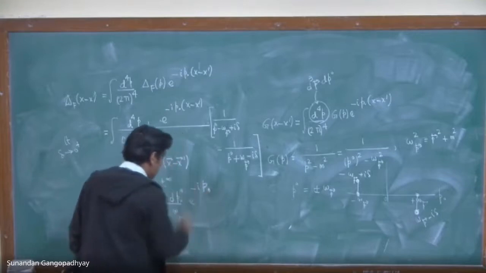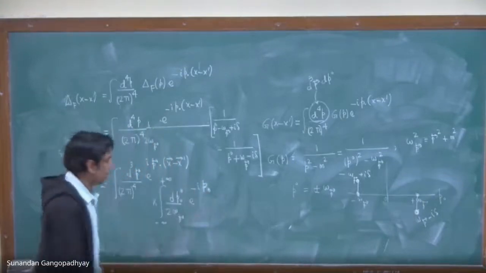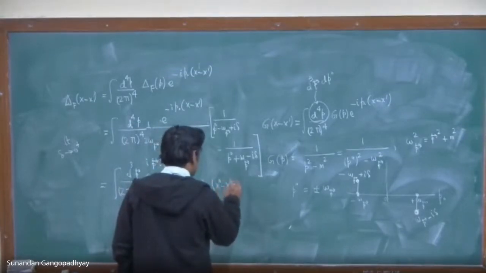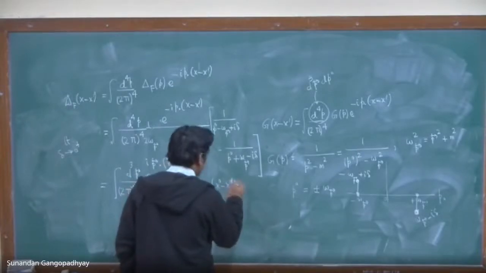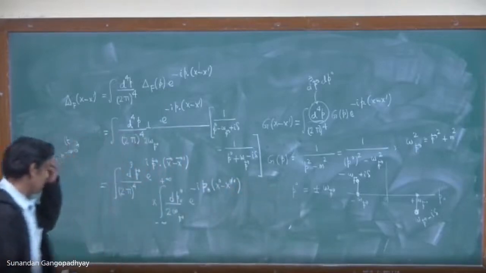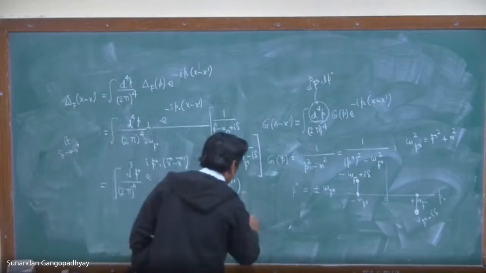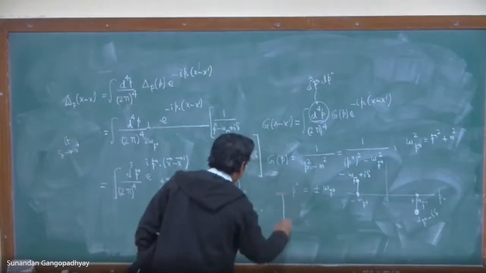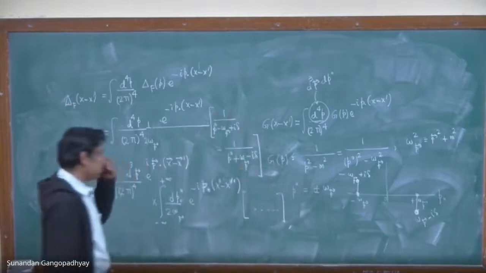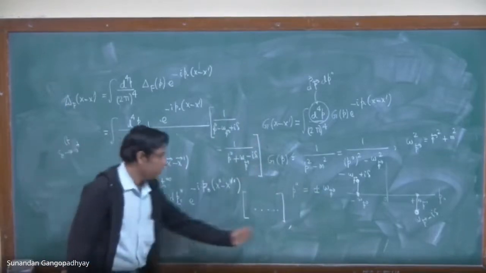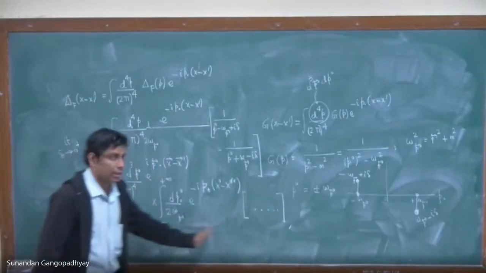I'm writing it downstairs: p0 times (x0 minus x prime 0). And then we have this factor once again, whatever I have written on top, inside the bracket. Our aim here is to compute this integral, the p0 integral.